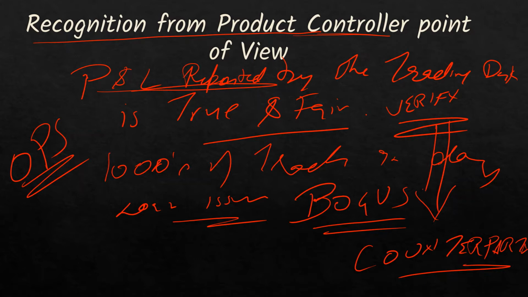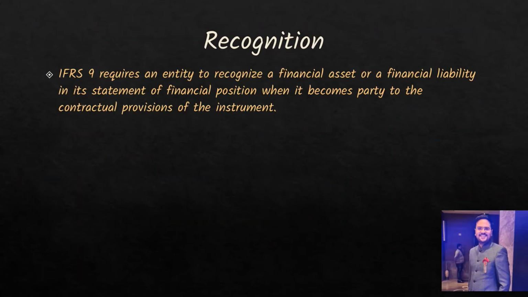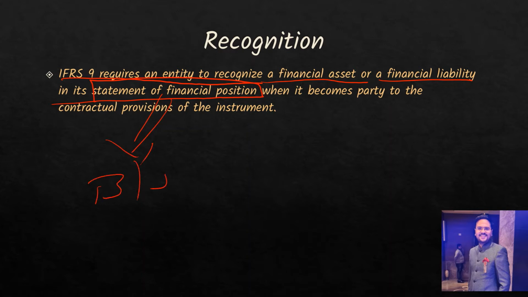IFRS 9 also says the same thing. So when do we recognize a trade? IFRS 9 requires an entity to recognize a financial asset or financial liability in its statement of financial position, which is nothing but the balance sheet, when it becomes party to the contractual provisions of the instrument.